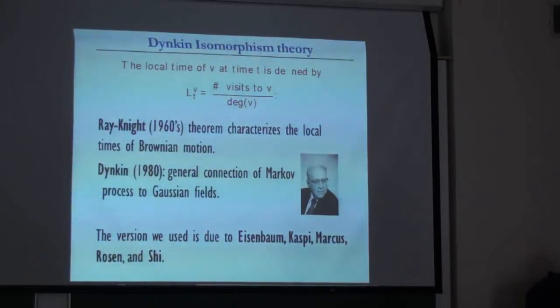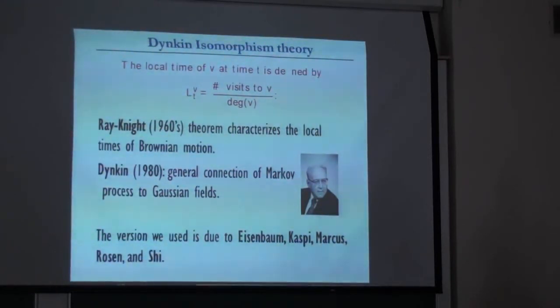Okay. Now, the link we use between Gaussian processes and local times comes from the Dynkin isomorphism theory, or more specifically a variant due to Eisenbaum, Kaspi, Marcus, Rosen, and Shi. And that's, again, something that was, as far as I know, never applied to discrete spaces until recently.